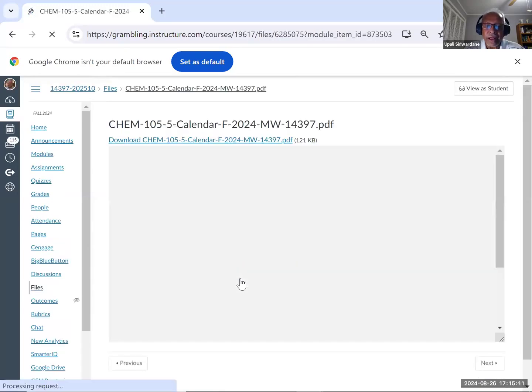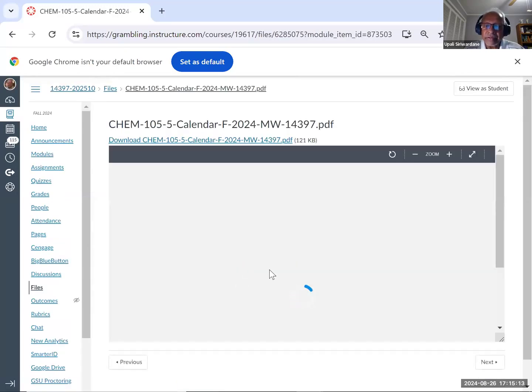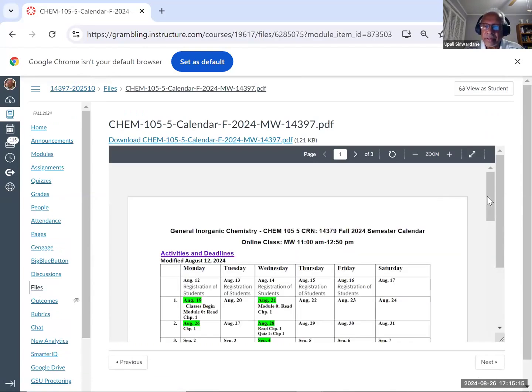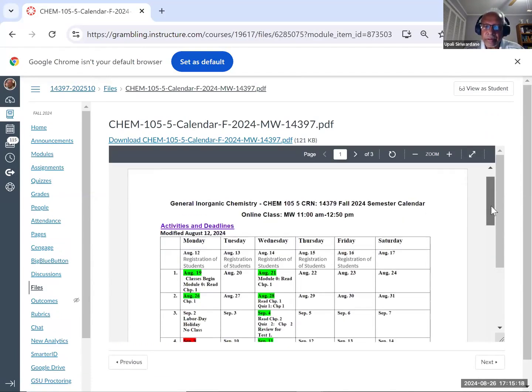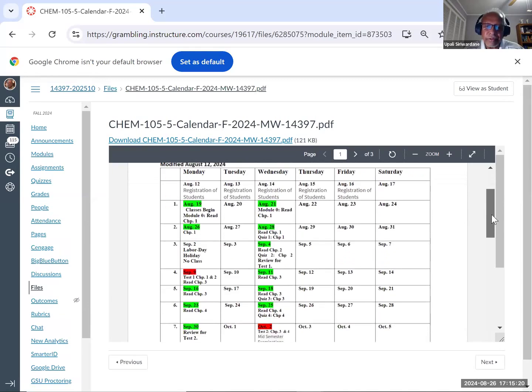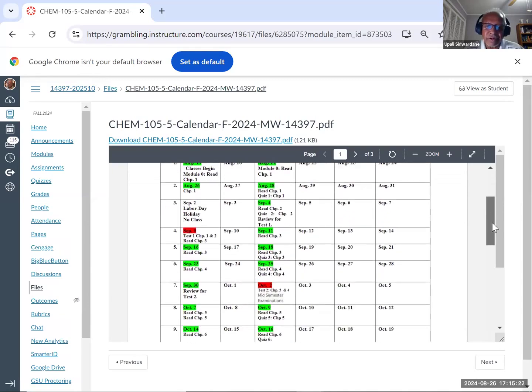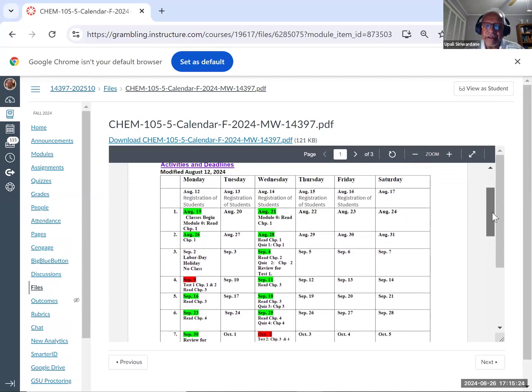If you go to course calendar, you can see all the dates, what you should be doing during this semester. Everything you need to be doing is listed in the course calendar.